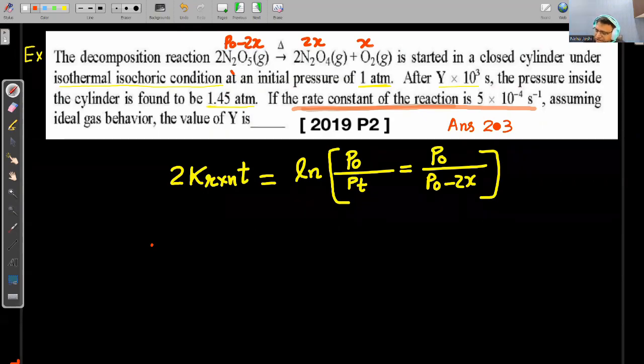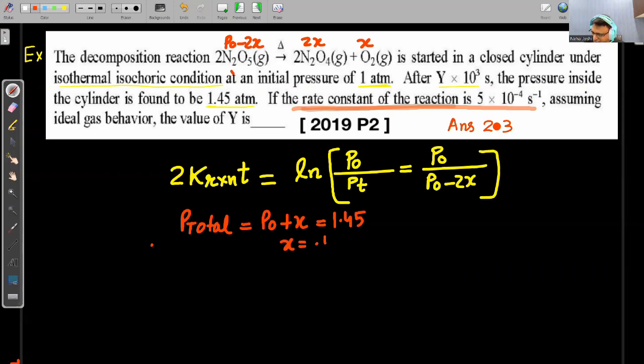So they are saying initial pressure was 1 atm. So P naught is 1, and total pressure, whatever the time they have given. So P total is equal to 1.45, which is equal to P naught plus x, which is equal to 1.45. तो यहाँ से x की वैल्यू आ जाएगी, that is equal to 0.45 because P naught is equal to 1.